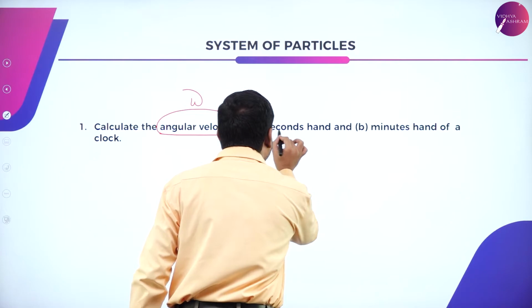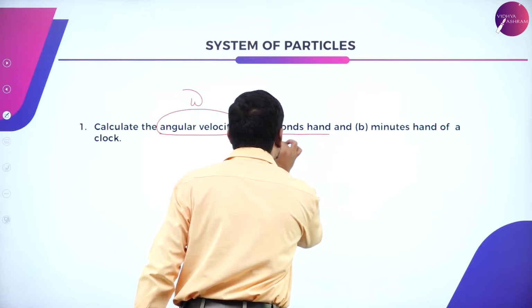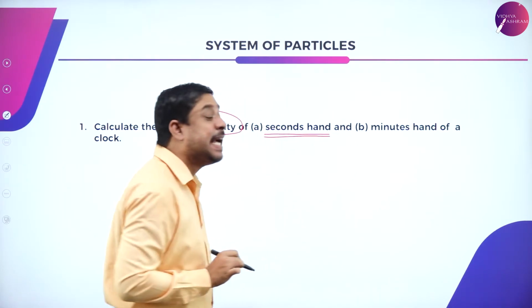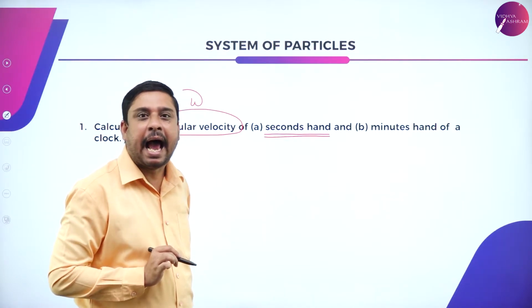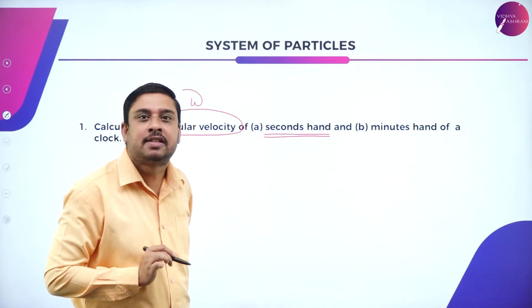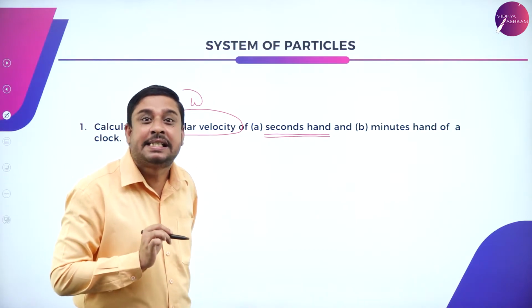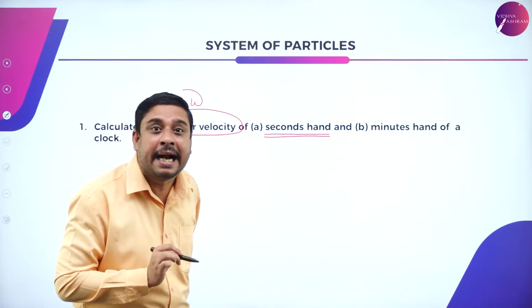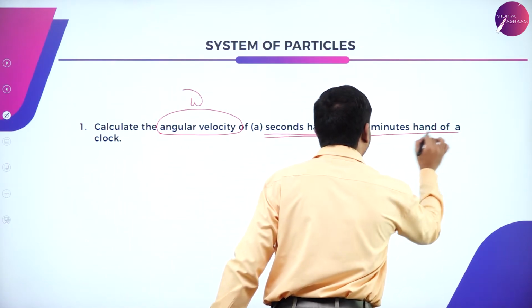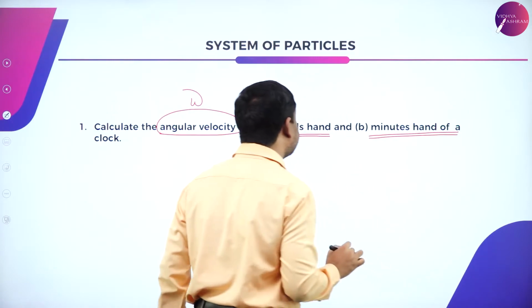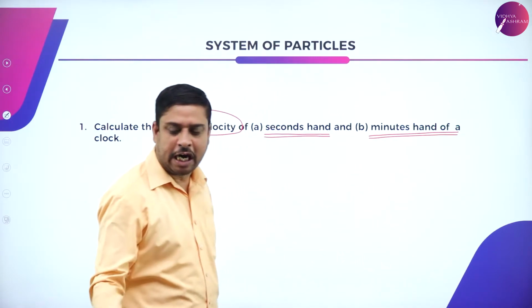In the first case, the seconds hand of a clock, and B, the minutes hand of a clock.